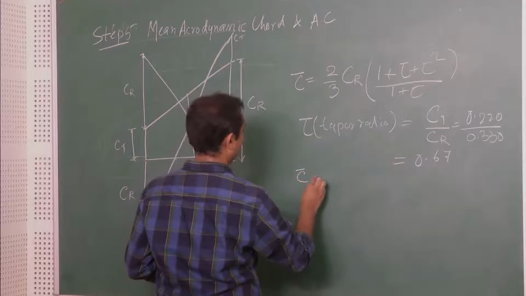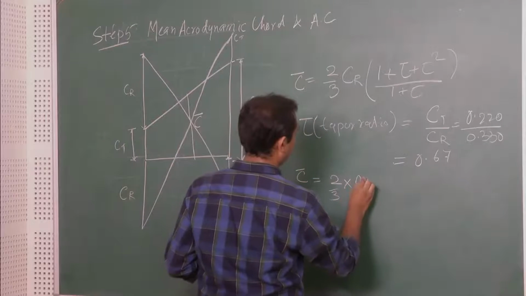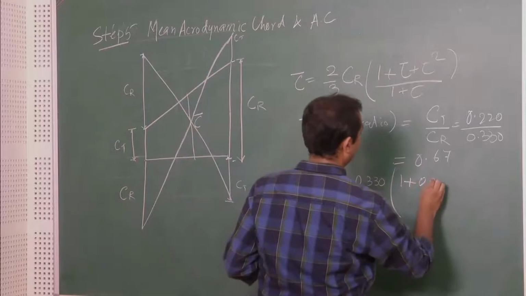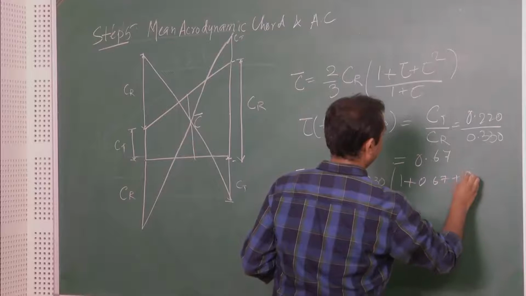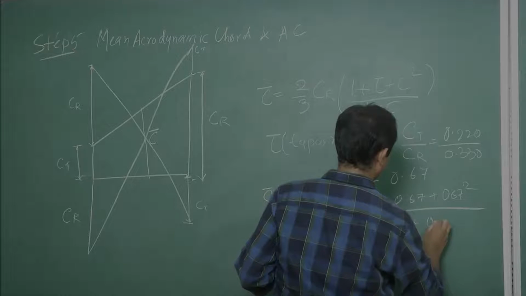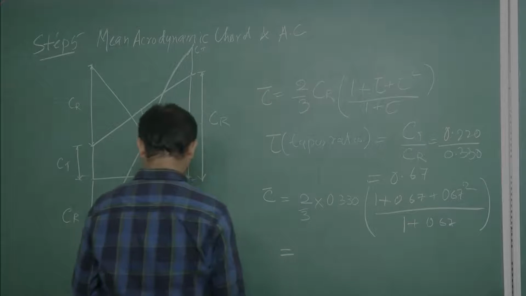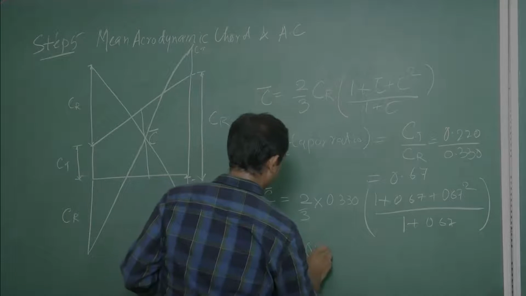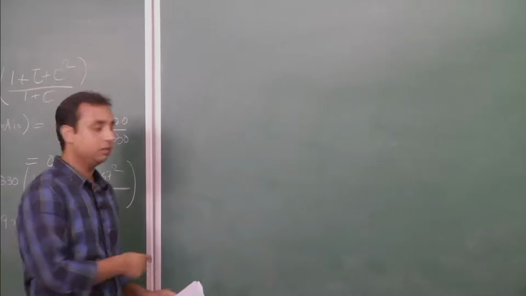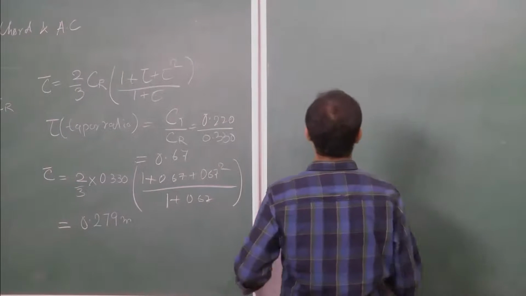So your mean aerodynamic chord will be 2 by 3 into root chord 0.330 into 1 plus 0.67 plus 0.67 whole square by 1 plus 0.67, which will come about 0.279 meters.